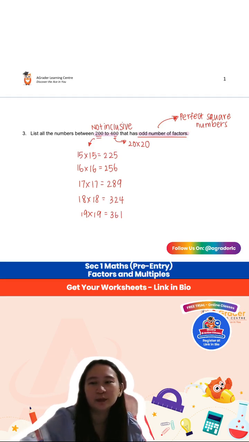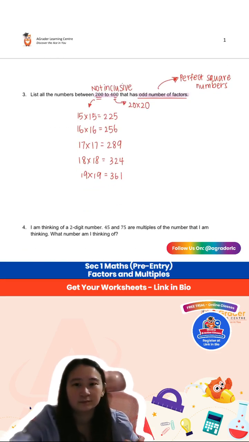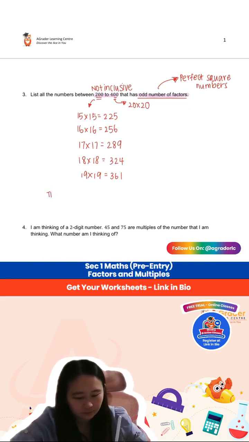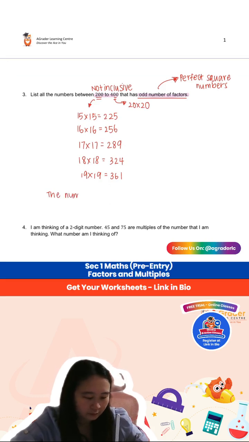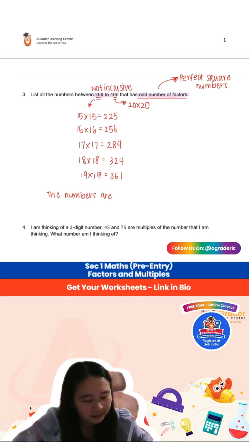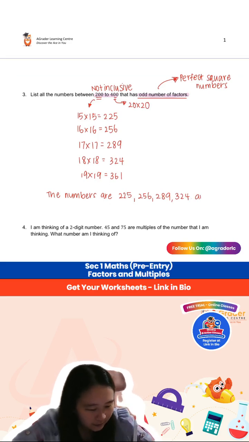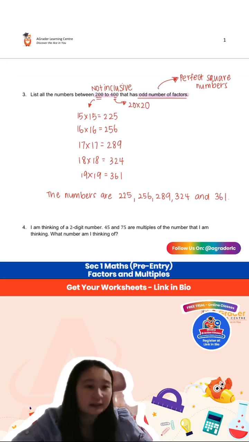Okay, so we stopped here because 20 times 20 is 400. So therefore, the numbers are 225, 256, 289, 324, and 361.